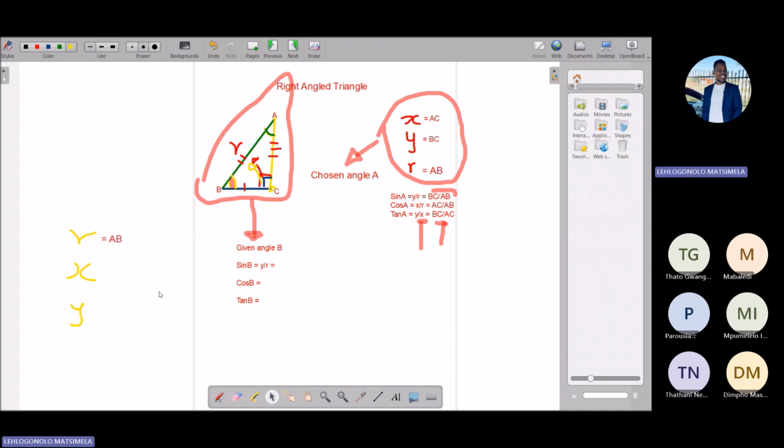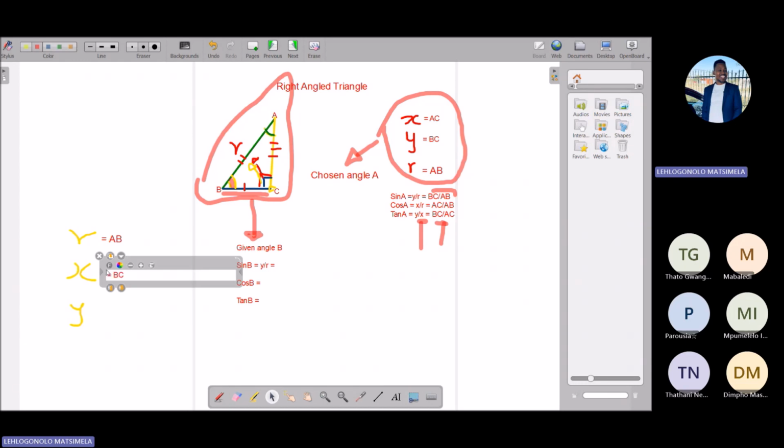The angle given is B, and the perpendicular lines are AC and BC. The angle is on line BC, one of the two perpendicular lines, and the other is AC. So BC itself becomes our adjacent. It becomes our X.